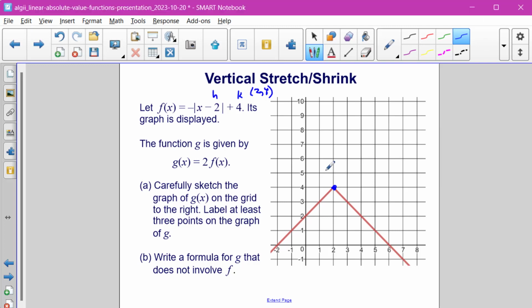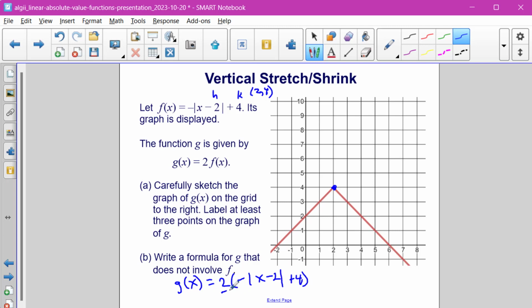So now let's take our function f of x and determine what g of x is by multiplying f of x by 2. So g of x is going to be equal to 2 times f of x, so that's 2 times the negative absolute value of x minus 2 plus 4.